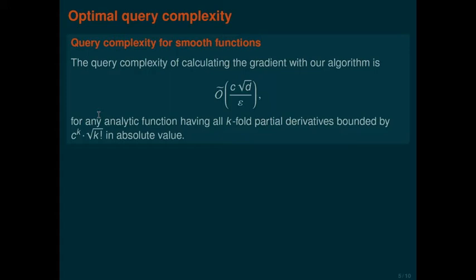So now the requirement is that if I calculate a partial derivative which involves k derivations, then the absolute value of this number should always be less than some constant c to the k times square root of k factorial. This is just what we could prove. And under these circumstances, the query complexity turns out to be c times square root d over epsilon. And this is a quadratic improvement in epsilon compared to Jordan's result.